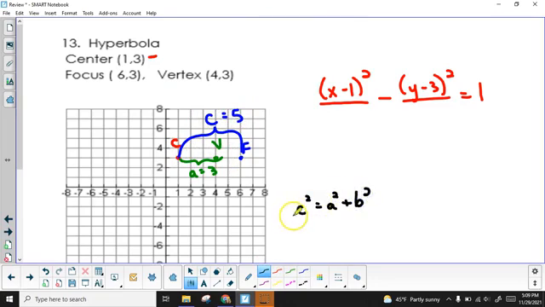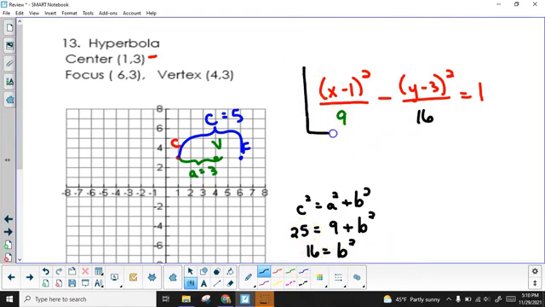So we plug in our numbers. c squared, that's 25. a squared, that's 9, plus b squared. And when we solve this, we get that 16 equals b squared. And so, underneath our first term is our a squared, which is 9. And underneath our second term is our b squared, which is 16.